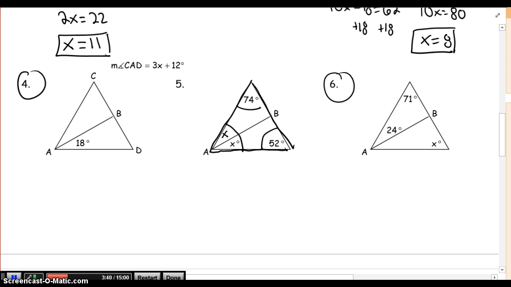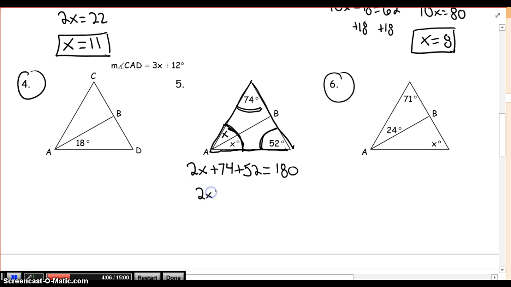This x and this x makes that entire angle 2x. And we add that 74, then we also add that 52, and combined they should add up to 180 degrees. Again, once you're here, it's just solving for x like normal.